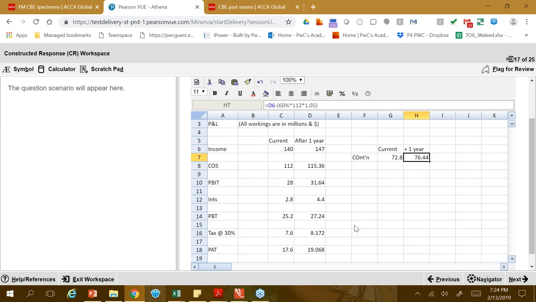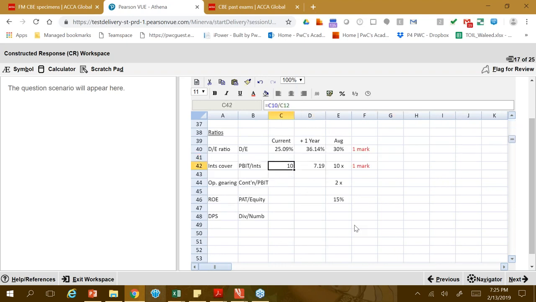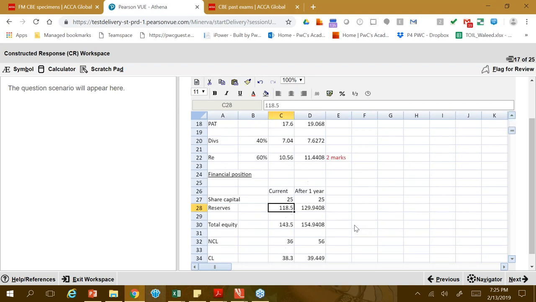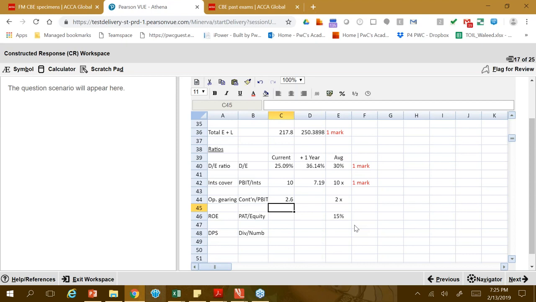So my contributions are now in G7 and H7, and the PBIT is in C10. So G7 divided by C10. And then H7 divided by D10.